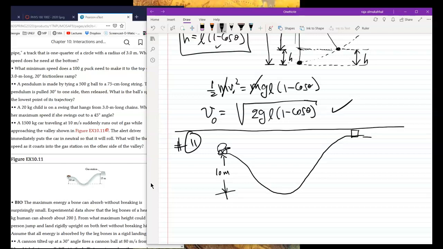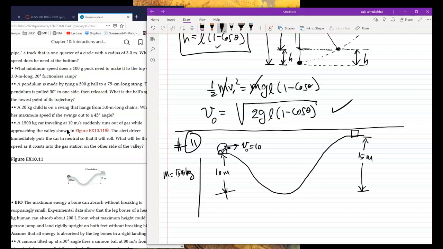And then the height of the gas station is 15. I haven't read the problem, so sorry about that. So the mass of the car is 1,500, traveling 10 meters per second. So the velocity of the car is 10 meters per second.